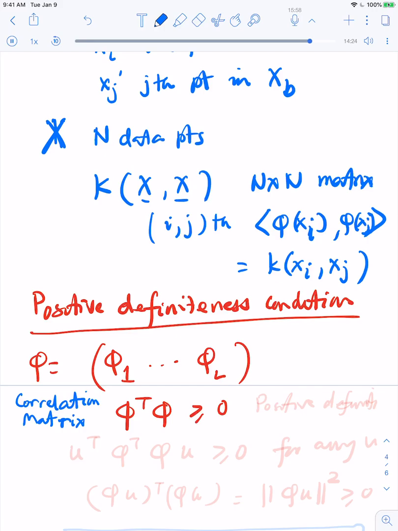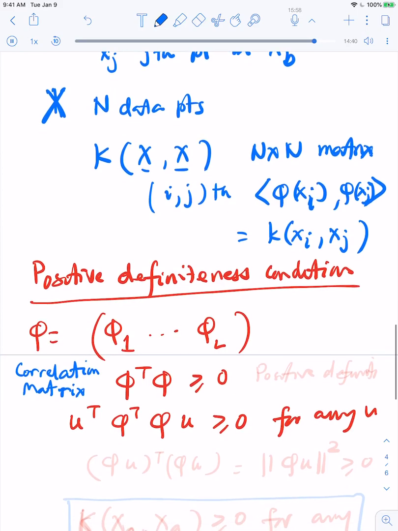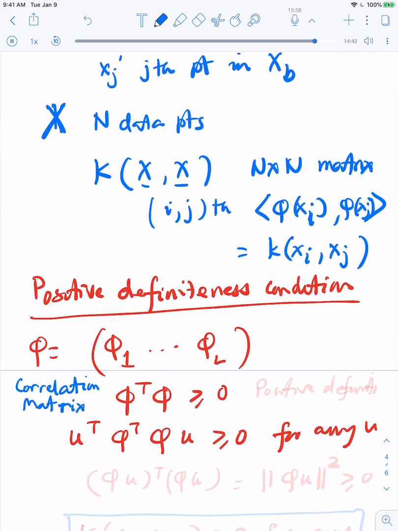Why is that the case? Positive definiteness means that u transpose phi transpose phi u has to be bigger than or equal to 0 for any vector u. You can see that this is just the norm squared of phi u, which is guaranteed to be non-negative.